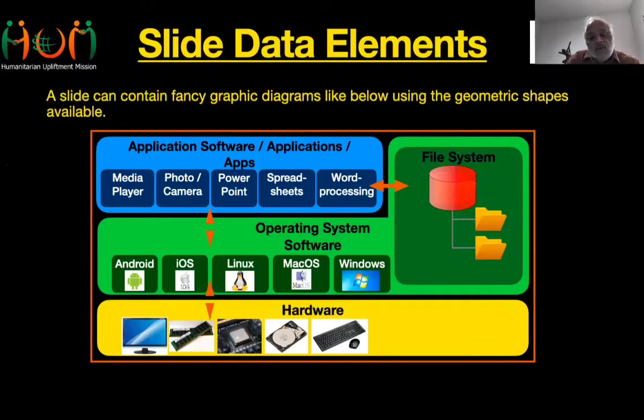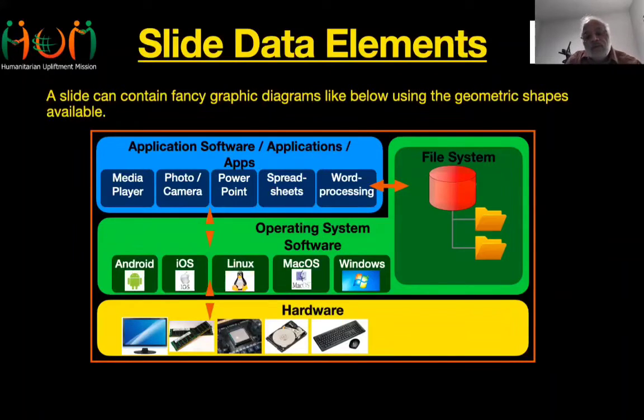We know that the lowest layer is hardware, then you have operating system software, and then you have application software. How did I create this diagram? Today, if possible, during the practical demonstration section, I'll show you how to create some of this. Presentation software gives you a lot of geometric shapes.